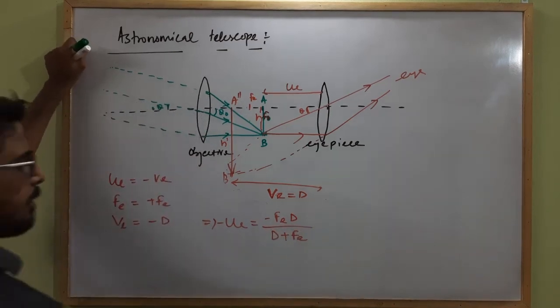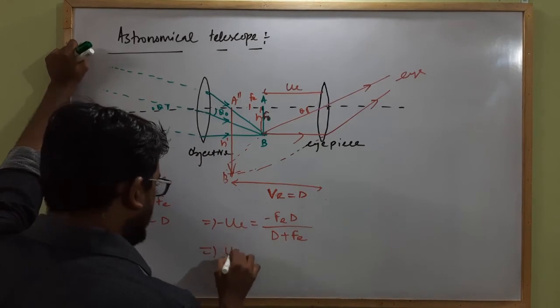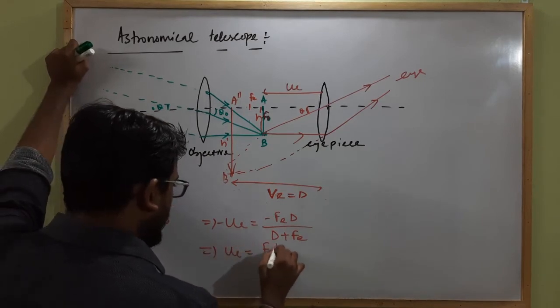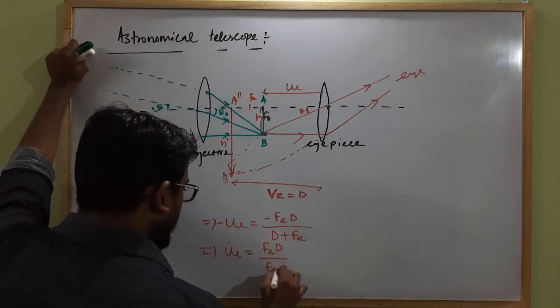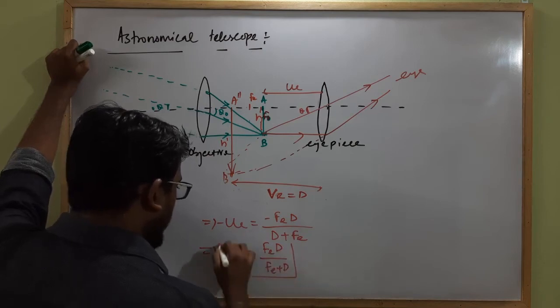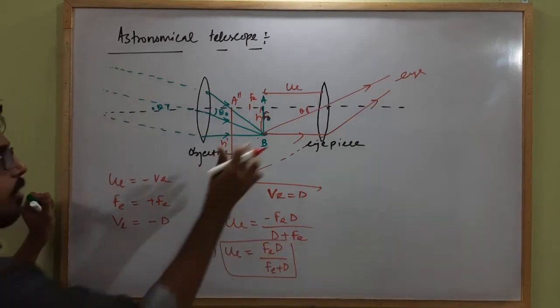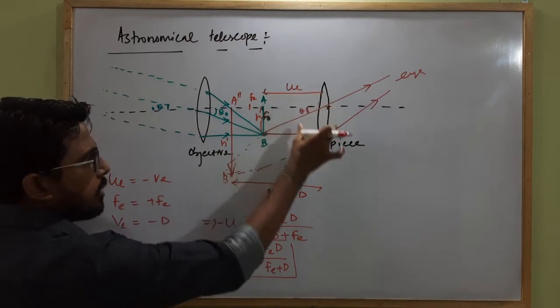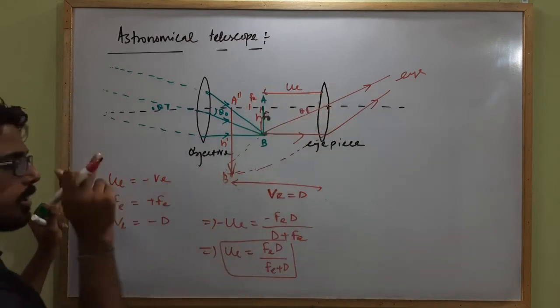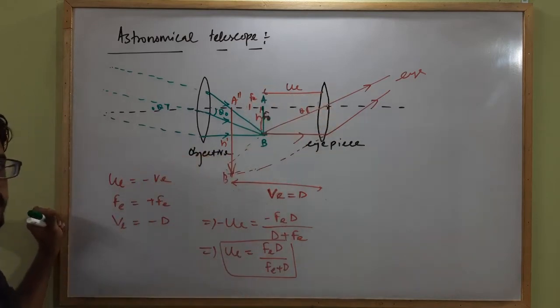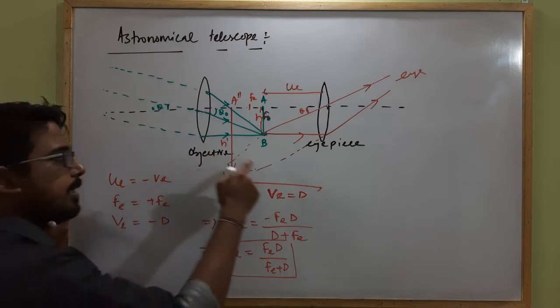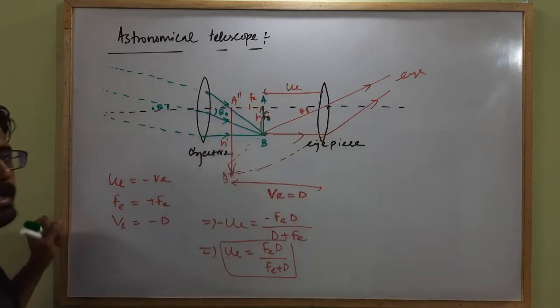By using proper sign convention, you will get UE equal to FE into d divided by FE plus d. This will be the value of the object position with respect to the eyepiece, so that we will get the final image at the least distance of distinct vision, which will provide us the maximum magnification by the telescope.